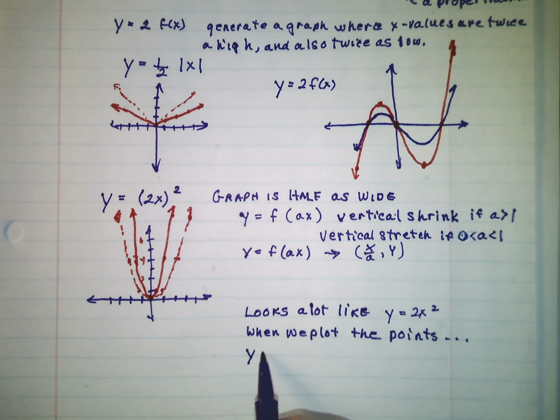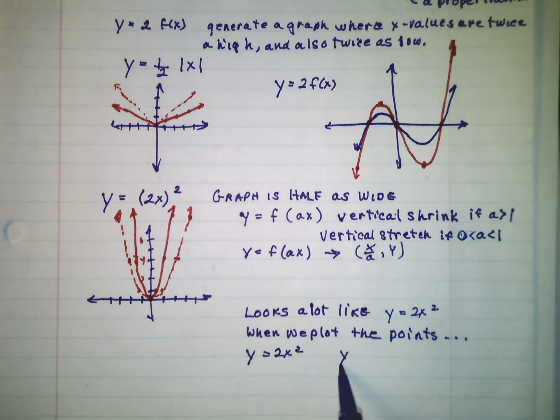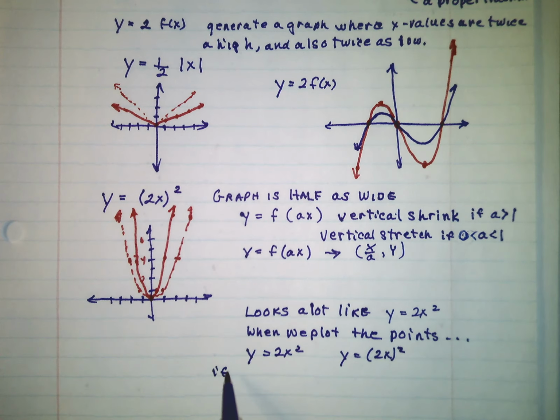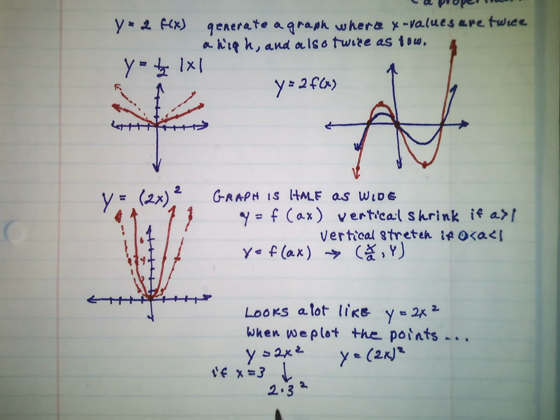So if we have, say, y equals 2x squared compared with y equals 2x quantity squared. If x equals 3, so y equals 2x squared is going to be 2 times 3 squared, which is 2 times 9, that's 18.